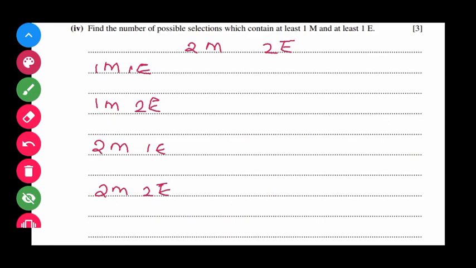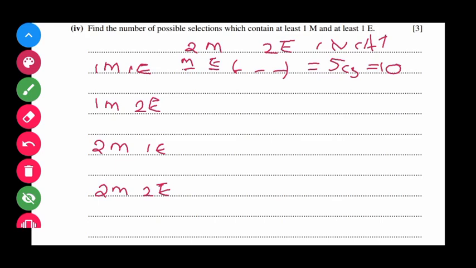So these are the possible chances. Let's see the first case. So we want 5 letters. In this 1 M and 1 E is chosen. The remaining letters are I, N, C, A, T, totally 5 letters. So 3 places to be filled in 5C3 ways, that is 10 ways.